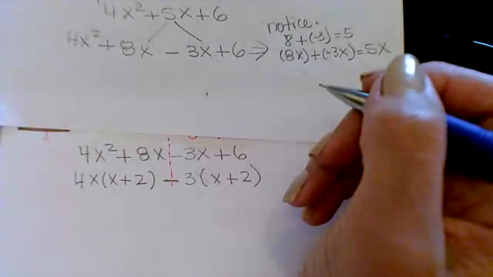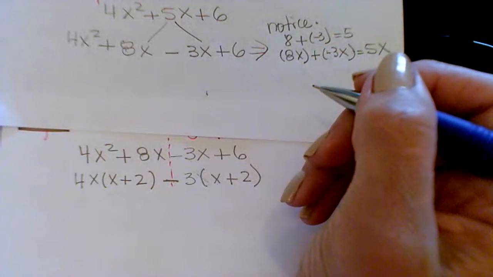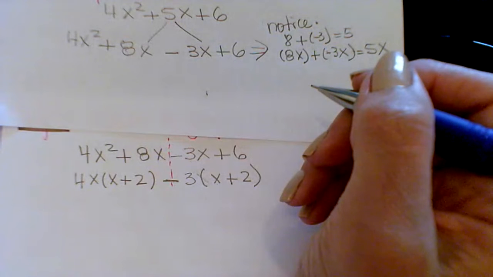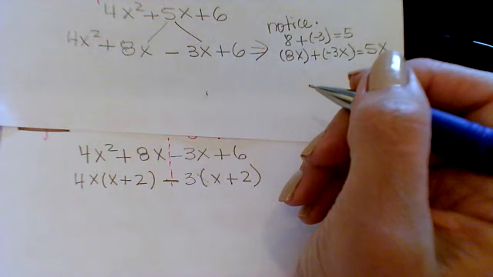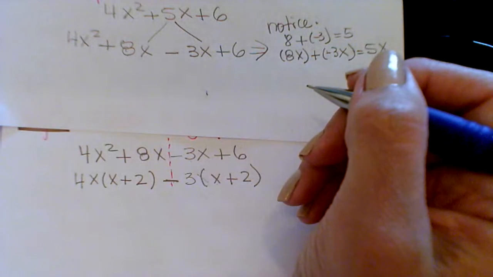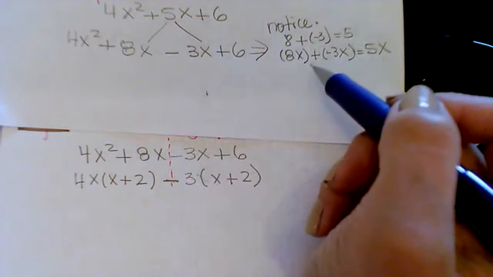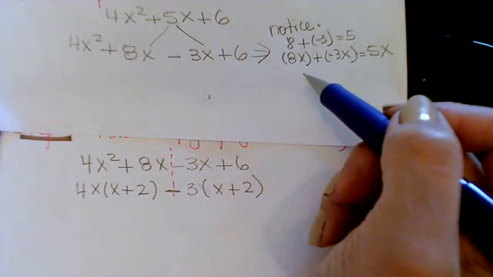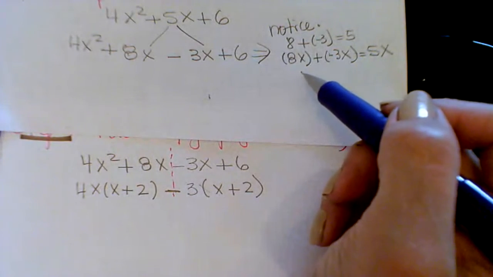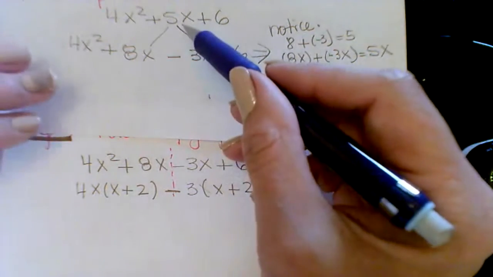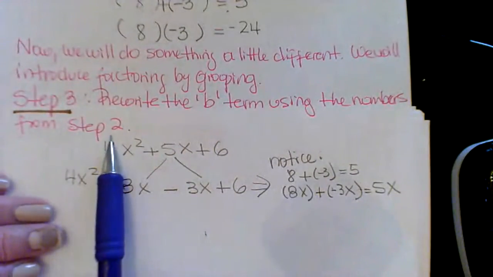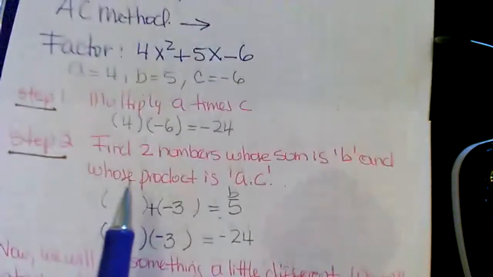Hold on. This is 8x minus 3x, right? Let me go back. Something doesn't sound right here to me. So we wrote the B term using the numbers from step 2, which is what?